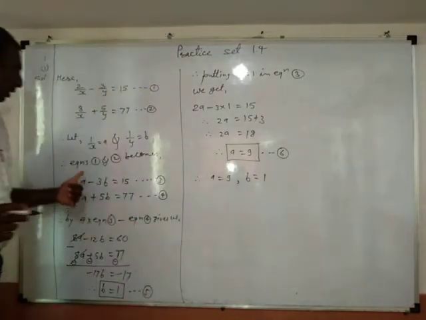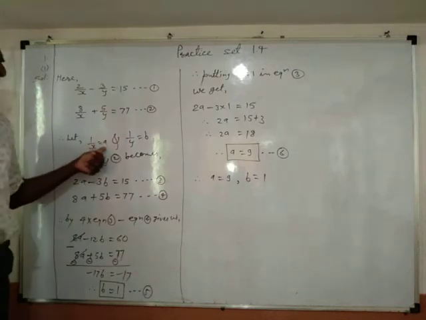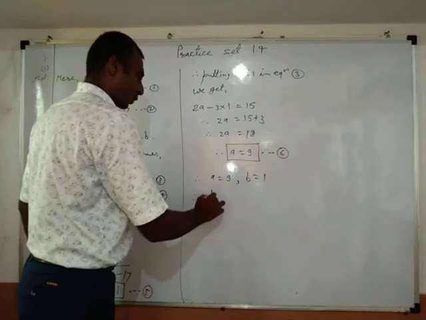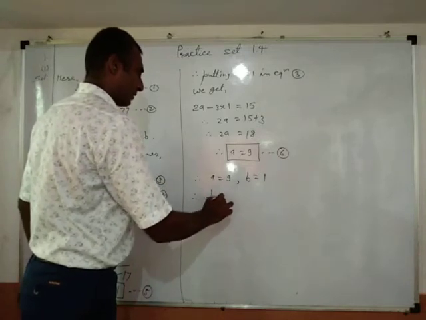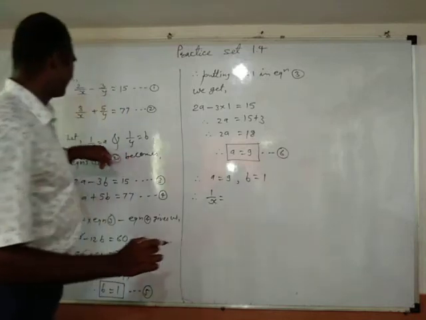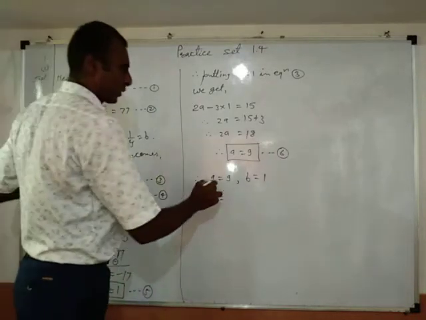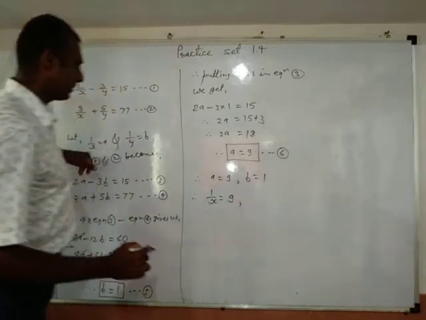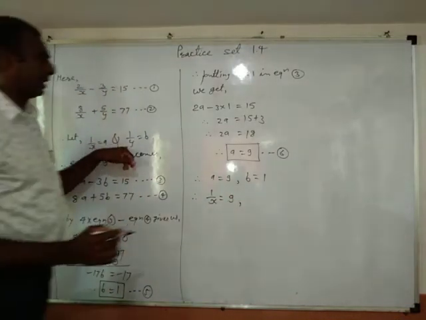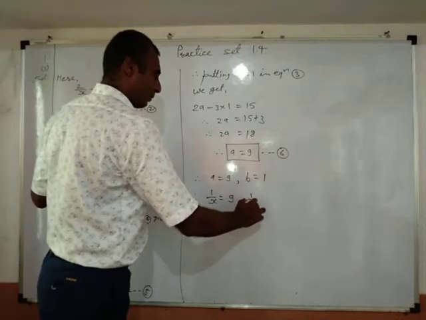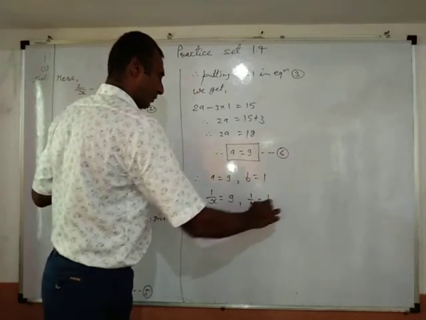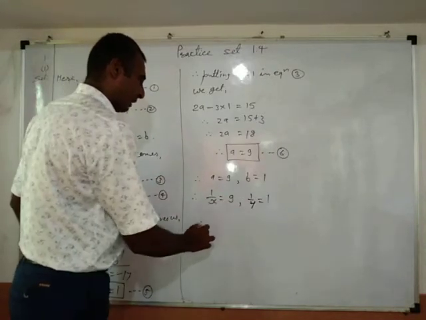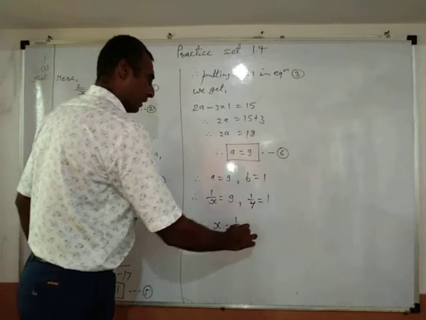But already we decided 1 upon x equals a and 1 upon y equals b, and therefore, as a is 1 upon x and the value of a is 9, 1 upon x will be 9, and b is 1 upon y, and the value of b is 1, means 1 upon y is 1. 1 upon x equals 9 upon 1, and therefore x will be 1 by 9.